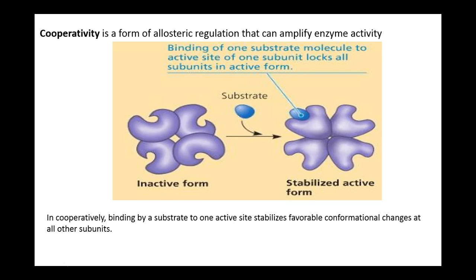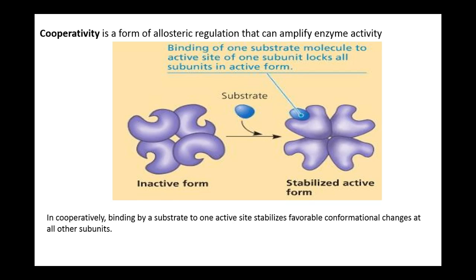What the oscillation does is make the active site either available or not available. If we put a substrate in, it stabilizes that oscillation, so all of the binding sites are out, and it's more likely that the next substrate will be able to bind in there. That's actually the way that hemoglobin works.